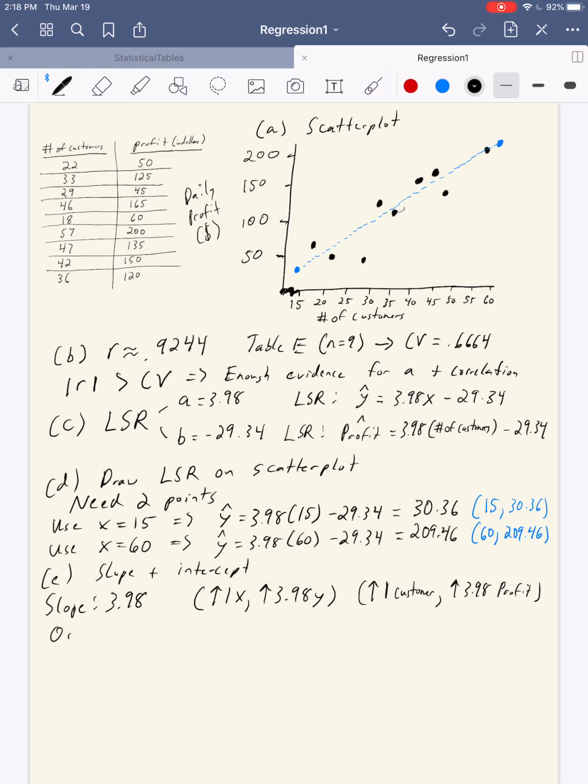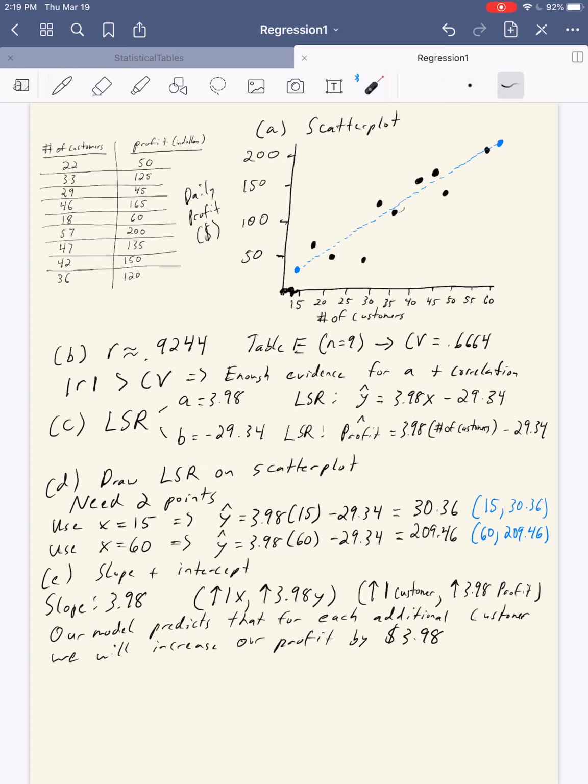So we would say our model predicts that for each additional customer, we will increase our profit by $3.98.